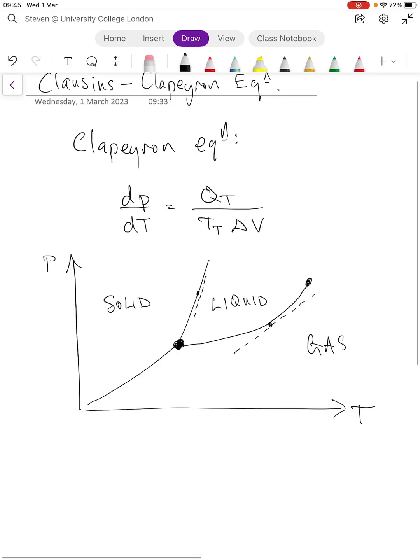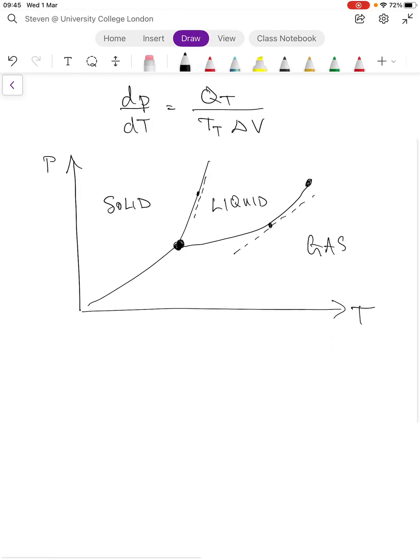So really what we would need to do is to integrate the equation. So we could write down dP, just rearranging this equation: dP is equal to Q/(T ΔV) dT. And actually, let me give myself a little bit more space. So what we could do is integrate both sides, right?